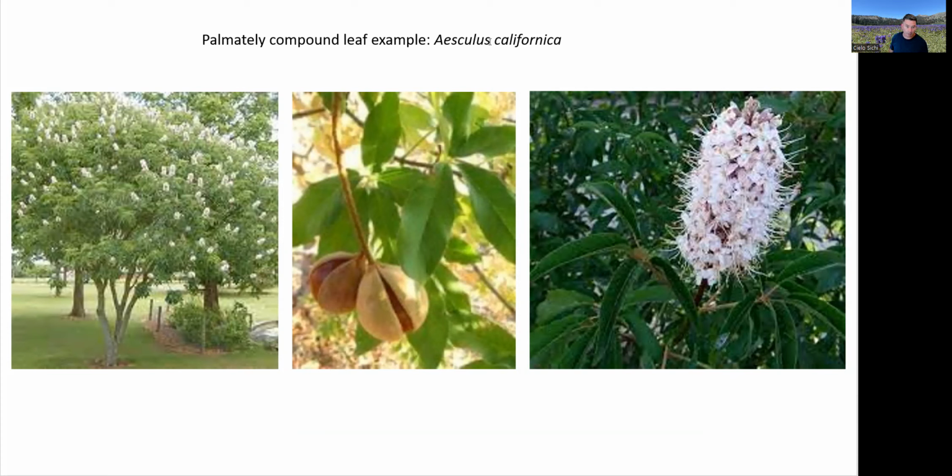What we're doing is just learning leaves, structures, parts, etc. Right now, we're not quizzing on plants at this point. I'm just giving you examples of a palmately compound leaf. The Aesculus californica, the California buckeye, is a perfect example of a palmately compound leaf.